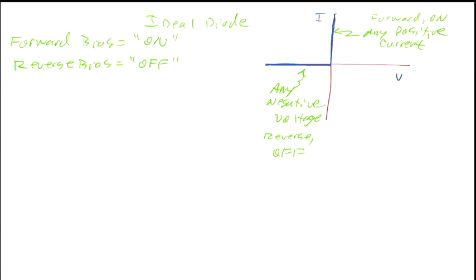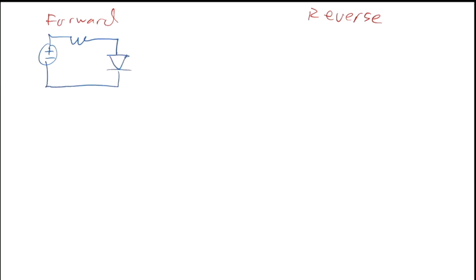But so let's do an example. So if we've got a circuit, we've got forward again and reverse, and the circuit looks like we've just got a voltage source and a resistor, call it 1K. Say we got 10 volts here, and we've got a diode.